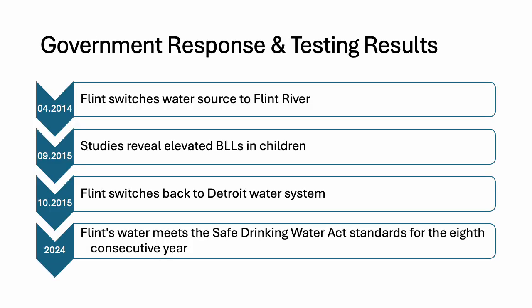And right here, I'm going to show you how the government responded. It's what I mentioned before in some previous slides, I'm just going to mention it again. In April of 2014, Flint switched their water system to the Flint River instead of using the Detroit water system.